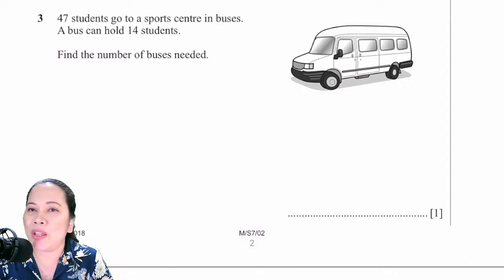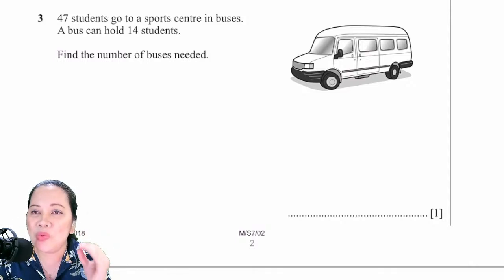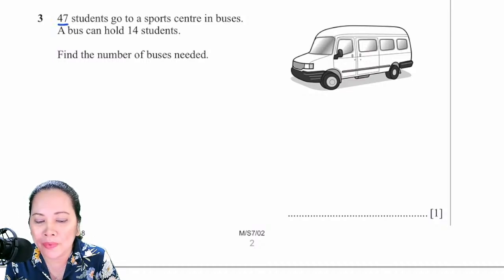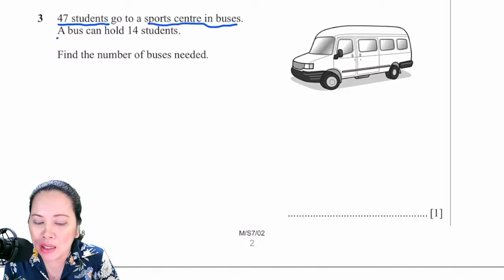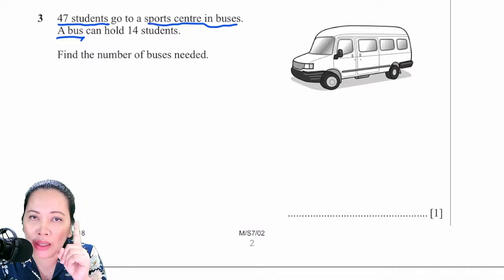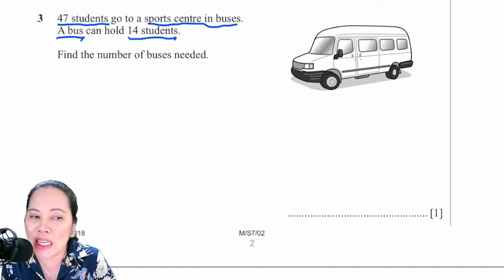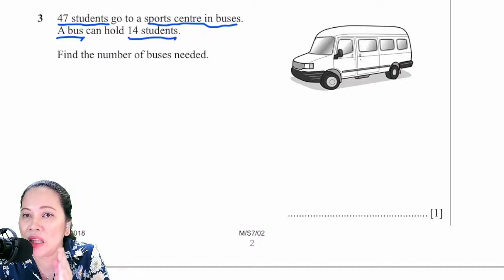All right. So the next question again, you have to read the question and check the givens. 47 students go to a sports center in buses. A bus, that means only one, can hold 14. Find the number of buses needed.